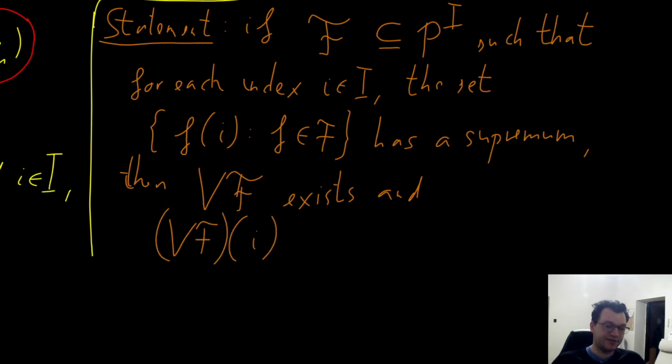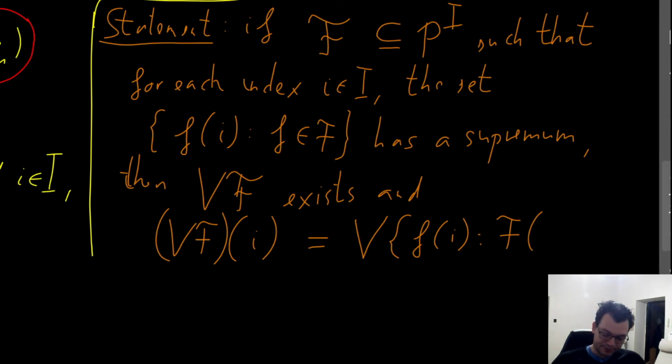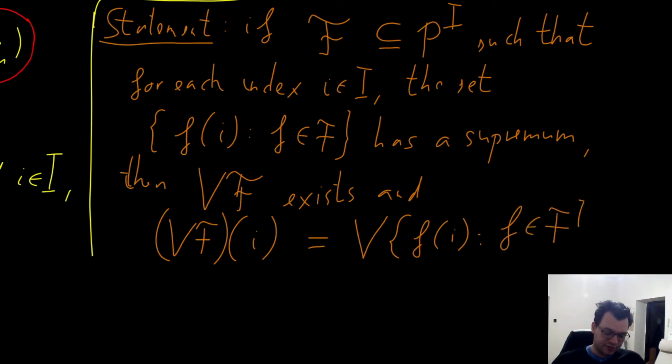The ith coordinate of the supremum function is exactly the supremum of these ith coordinates, the supremum of f of i over f in F. So this statement basically says that if you have to compute the supremum function, then this is exactly the function which gives you, for each coordinate i, the supremum of the values those functions have.